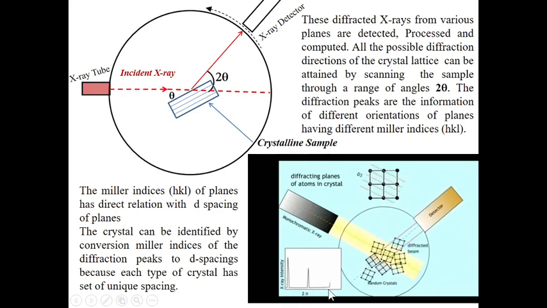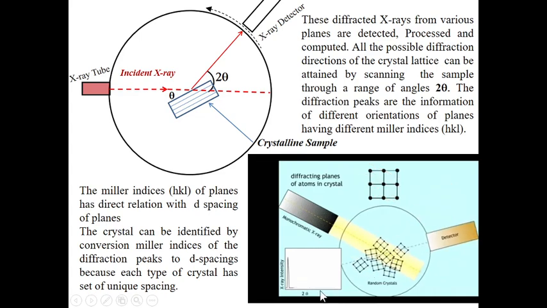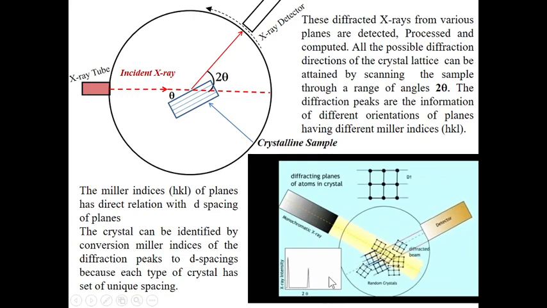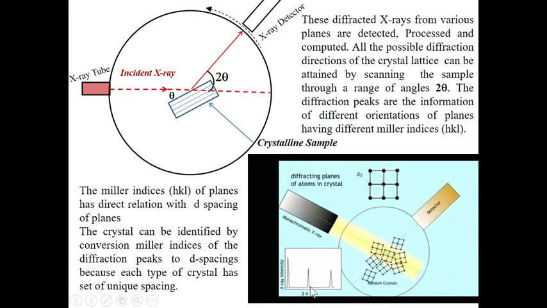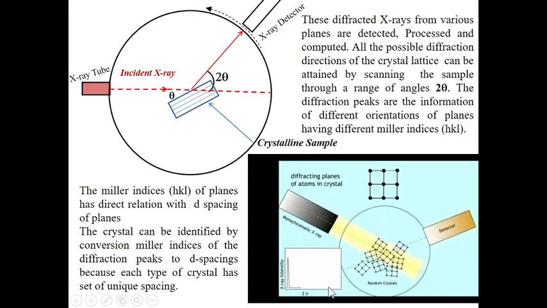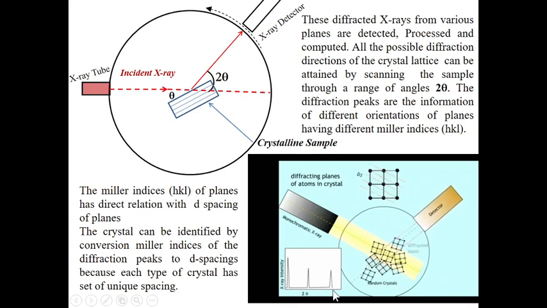At another particular 2 theta we got a peak, meaning constructive interference again. That means at this angle we found a particular orientation of planes inside the grain, and at this angle also we get a particular orientation of the planes.